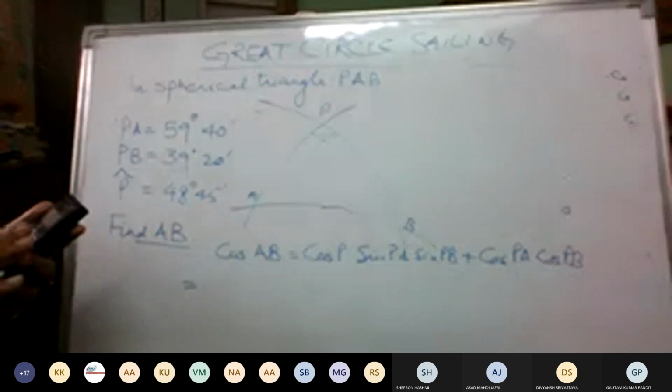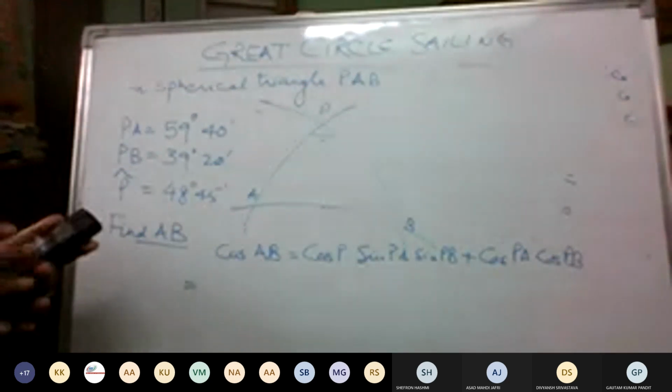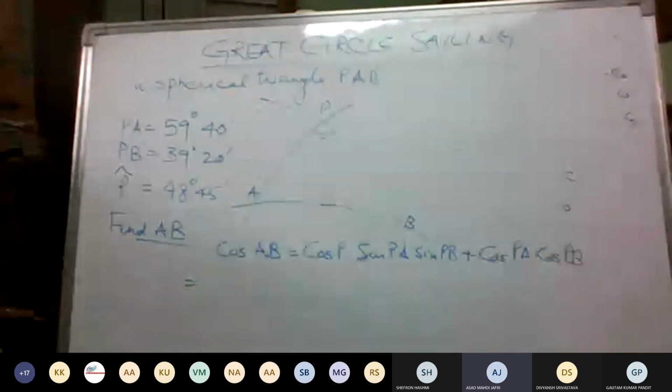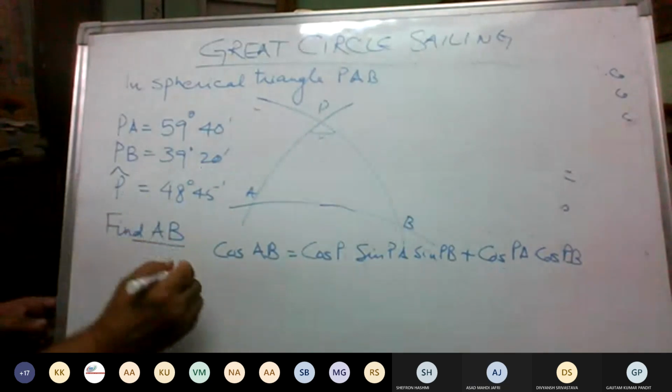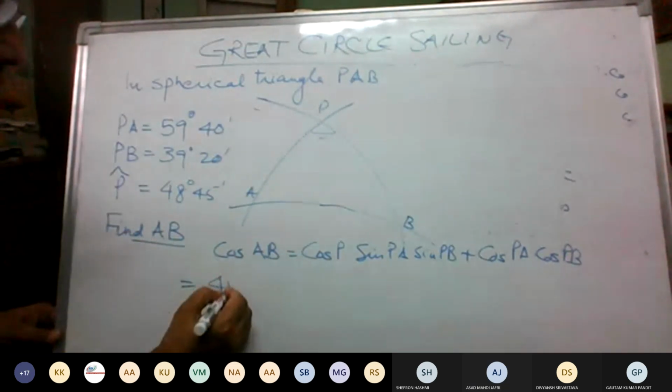Shift cos, how much are you getting? Sir, 41 degrees 17.7. Yes, 41 degrees 17.7.